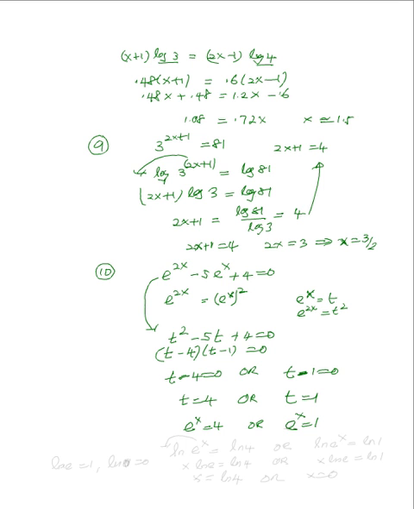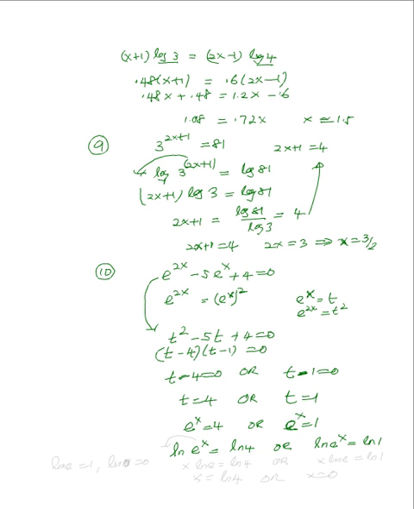Now since we have the base as e, it is advantageous for us to use ln on both sides rather than using log. ln is another log with base e, so we will have ln of e to the x equals ln of 4, or ln of e to the x equals ln of 1.